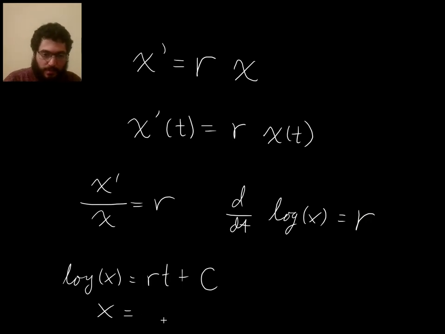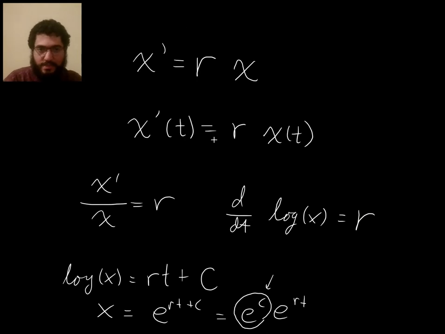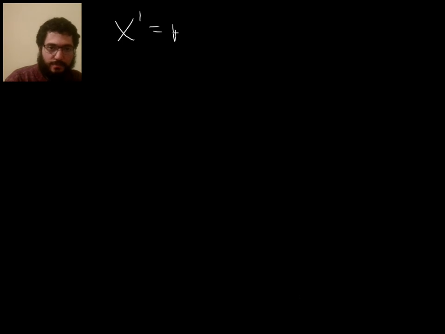Then we exponentiate both sides, and we get e to the rt plus c. Then we write that as e to the c times e to the rt. And we say, well, if c is a constant, e to the c is a constant. So we might as well just say x equals a e to the rt, where a is just some constant.